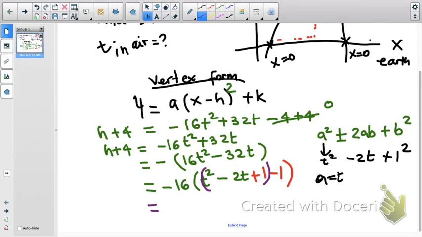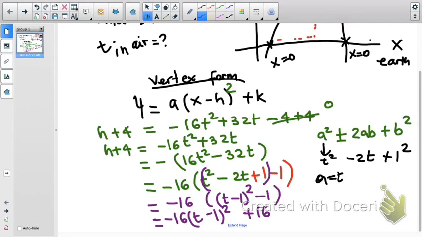Therefore, let me do this so you can see it. So it's t minus 1 squared minus 1. So if I distribute, it's going to be negative 16 times (t minus 1) squared plus 16.